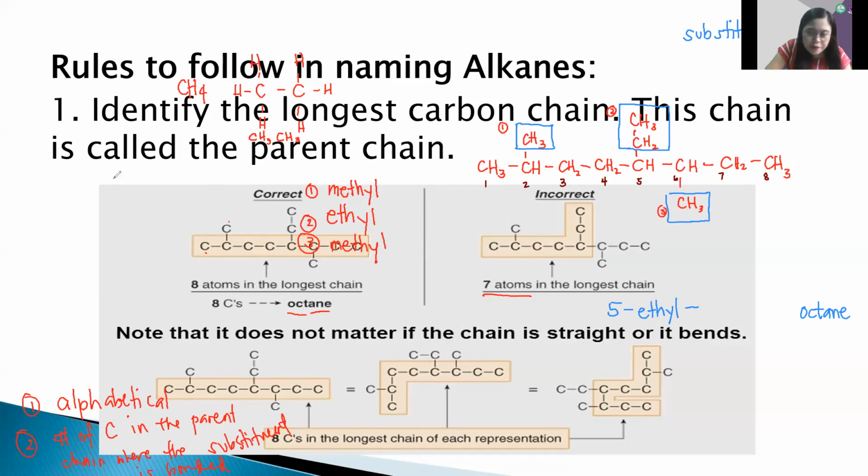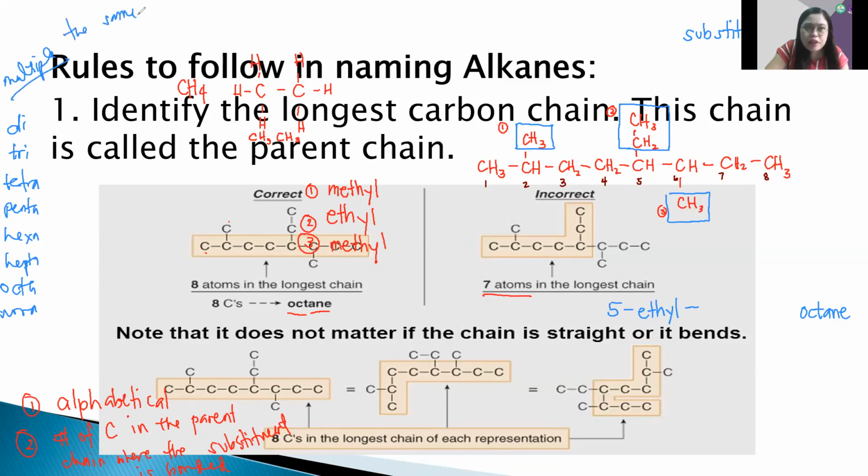For our branch or substituent class, we will use the prefix di, tri, tetra, penta, hexa, hepta, octa, nona, ayan. Actually hangtod dinha lang na siya, no? Just to count kung meron tayong multiple na the same branches.